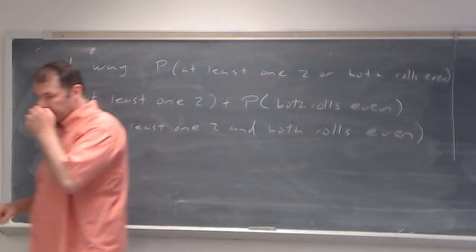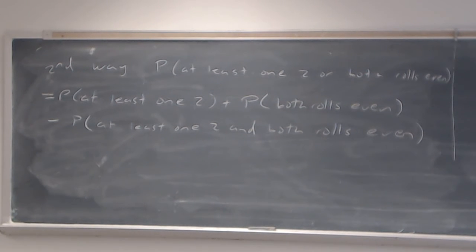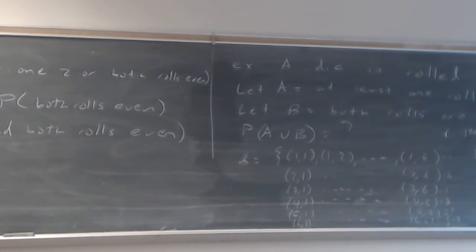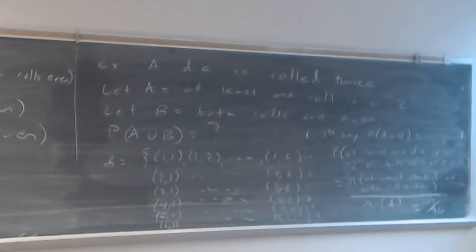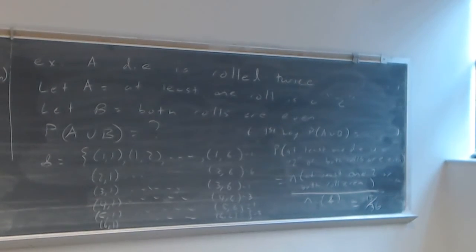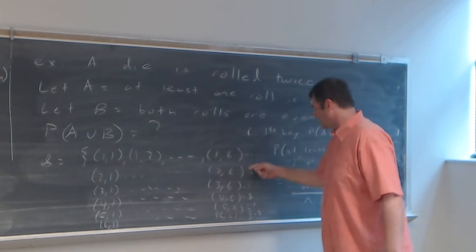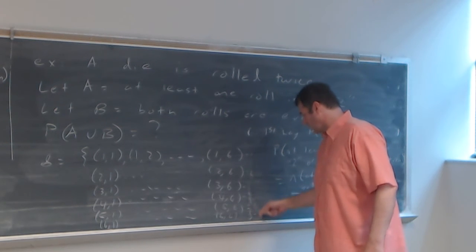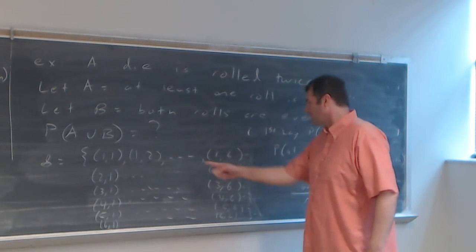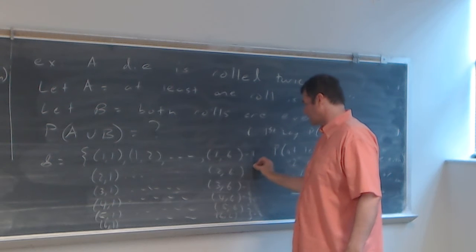Let me swing the camera back and let's look back at our sample space. Okay, so the first category I'm looking at is at least one 2. So at least one 2, I'm going to erase these. With at least one 2, there is 1 here. There is 6 here.